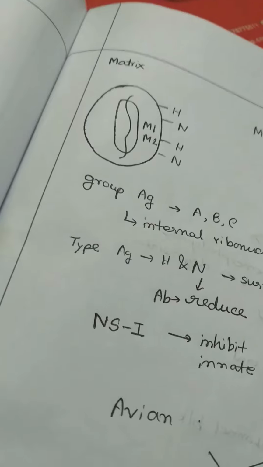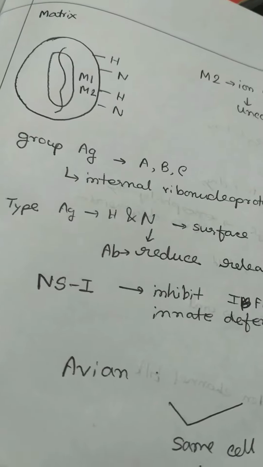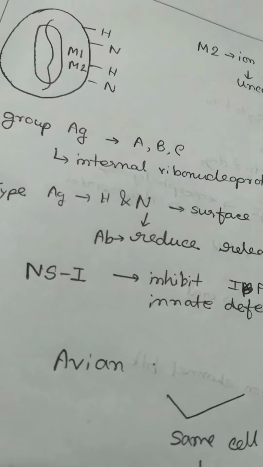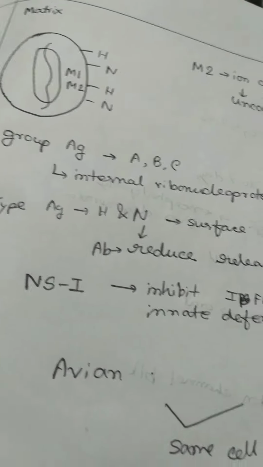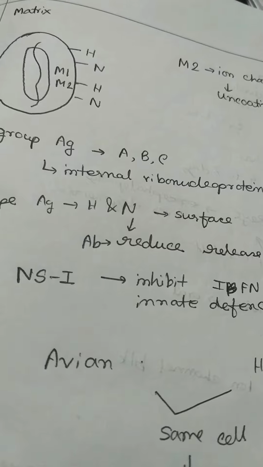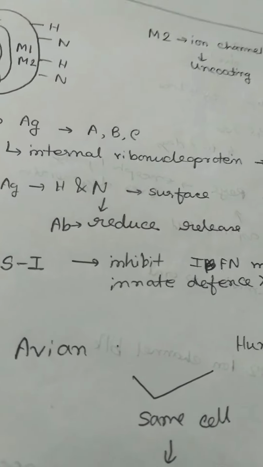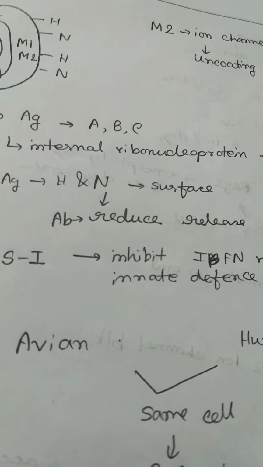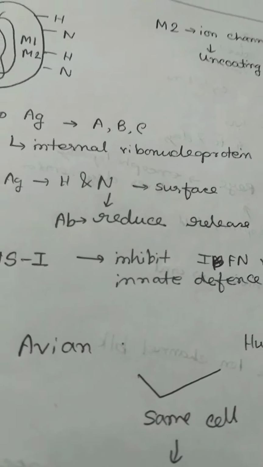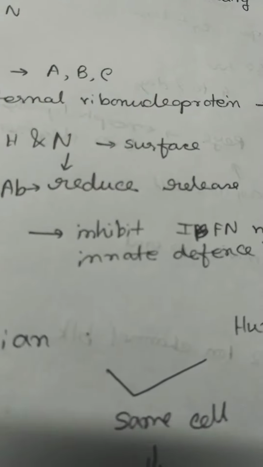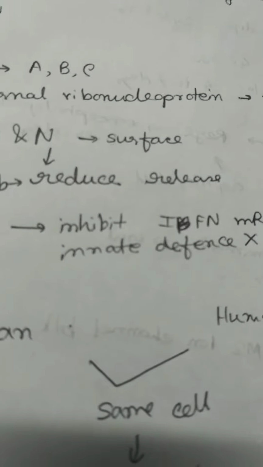Their combination results in different antigenic types. Here we should remember one thing: antibody against neuraminidase does not produce neutralizing antibody, rather it reduces the release of progeny virus and therefore reduces the spread of the virus to adjacent host cells.